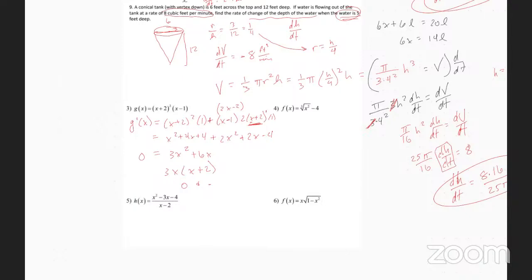Number 4, the derivative of this is equal to, well, actually, let's first simplify that so it's easier to take the derivative. So that's x to the 2/3 minus 4. Then the derivative of that using the power rule is 2/3 x to the -1/3, which is the same as 2 over 3 times the cube root of x.